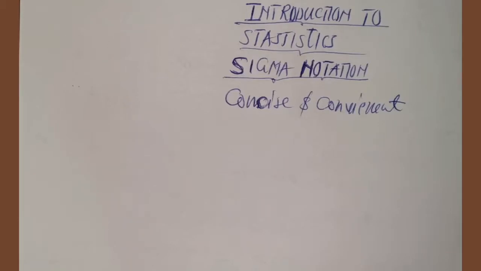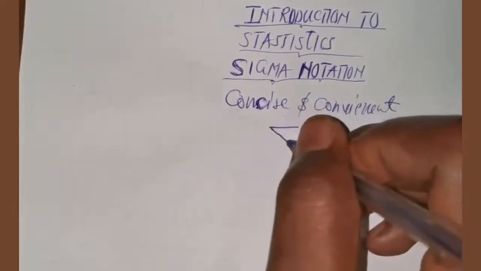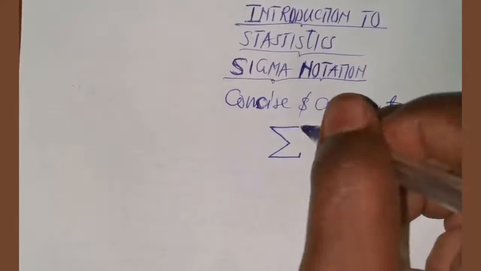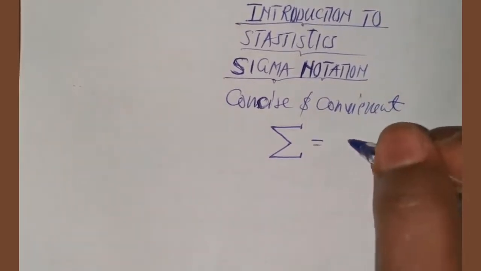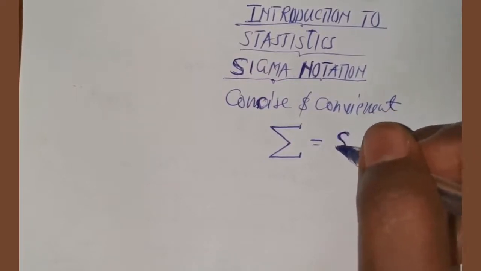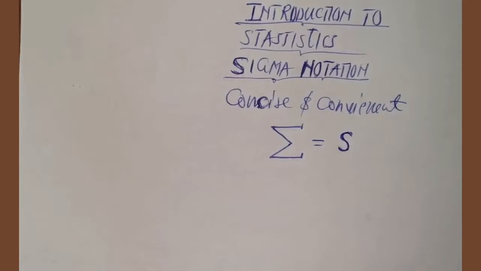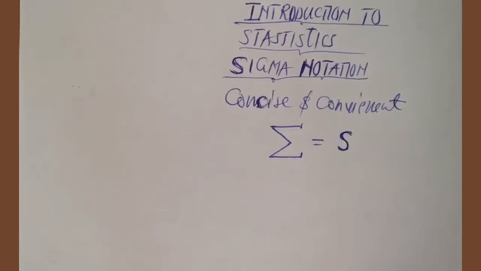So the sigma notation is represented by this symbol, and I hope all of you have seen it before. You can even check a Casio calculator and see this. This is the symbol for sigma notation, which is a Greek capital letter corresponding to the letter S. It refers to the initial letter of the word sum.